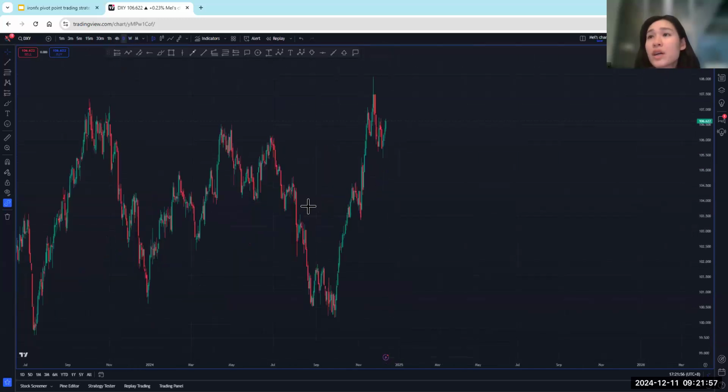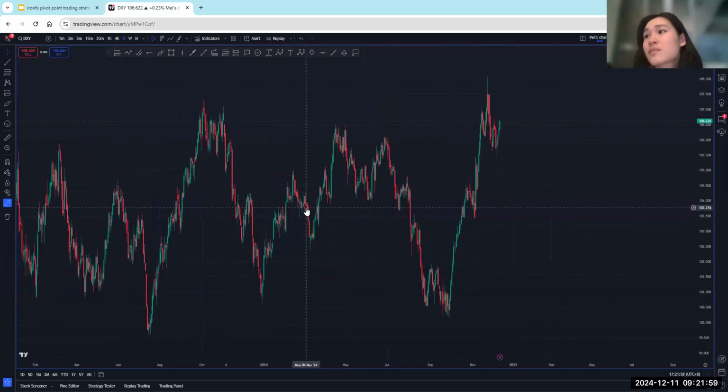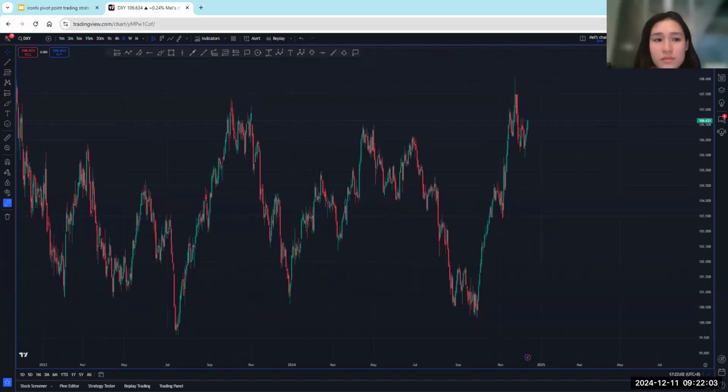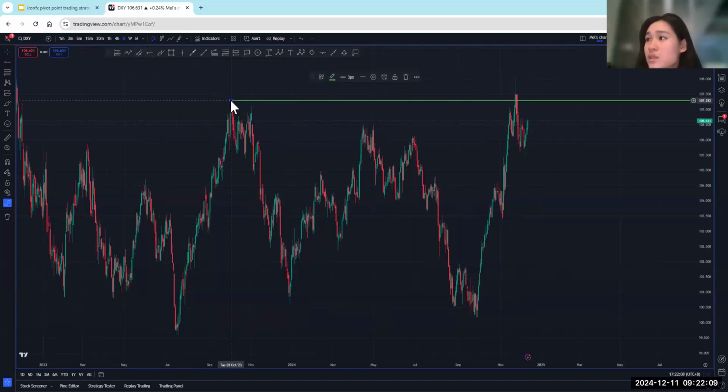Now on our daily time frame, you can see this reversal even better here. So this would probably be my first resistance. And my first support, maybe just at this swing low here.